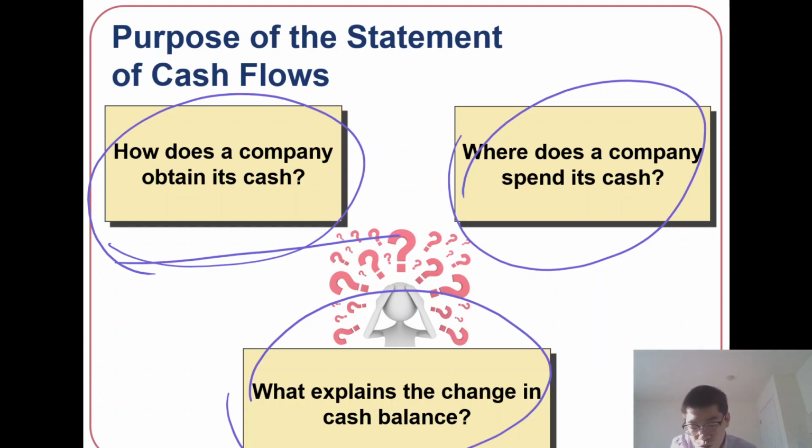So basically, these three questions ask where we earn our cash. Cash is one of the most important things for a company's sustainability. How can companies survive? If we lack cash for business operations, more than likely we're going to run into bankruptcy.